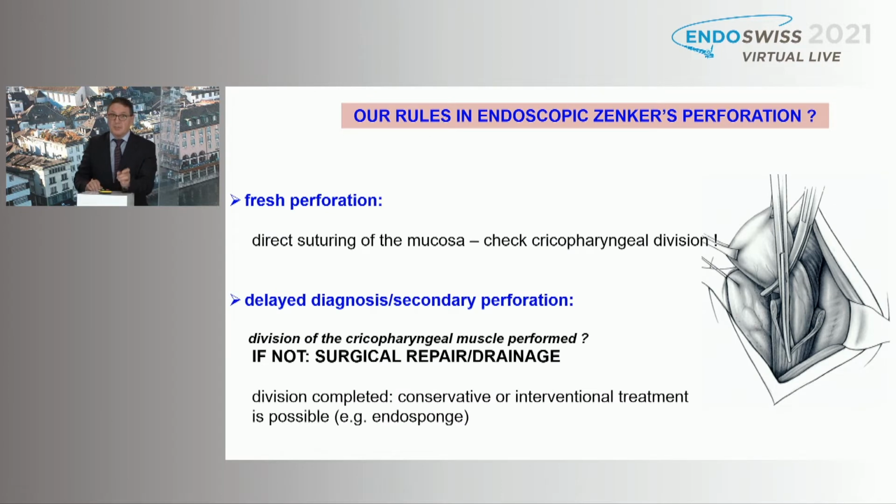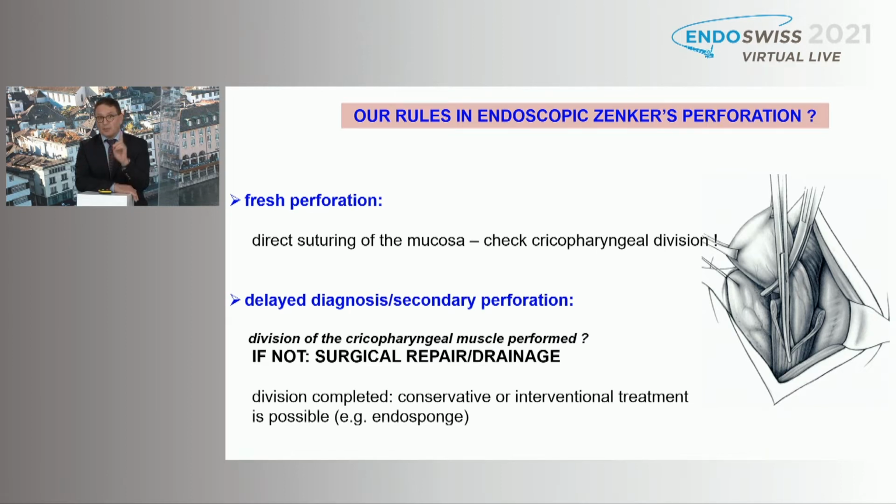And we have two situations, and we have common rules, we have algorithms in our institution. We worked it out for our hospital, and also the Triemli Spital, the second, also a large hospital, took it over. And our rules for Zenker perforation, endoscopic perforation, and it's a general rule for perforations, we always have to keep in mind: is it fresh or is it delayed?